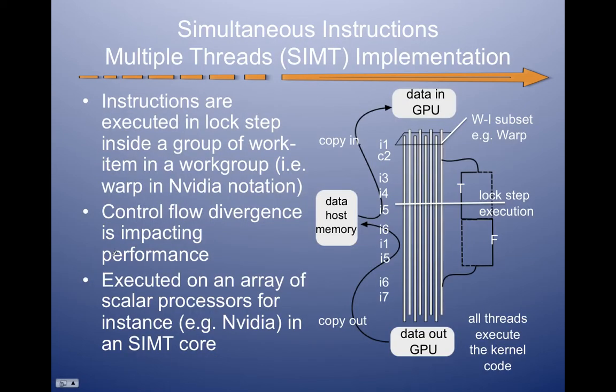The execution in lockstep. If you take a subset of work items, in CUDA this is a warp. The execution engine of the GPU will always execute the same instruction. So I will first execute I1, then C2, that's a conditional, then I3, etc. And the problem with this model is when you get to an if.